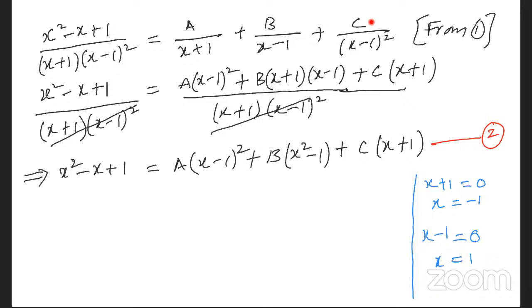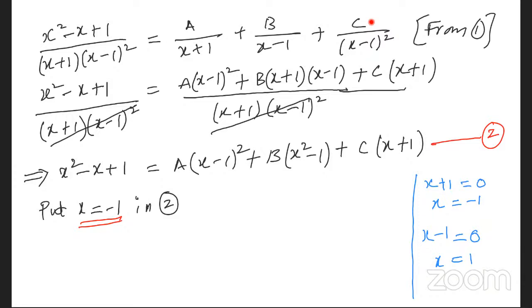So now, first, we'll substitute x equal to minus 1 in equation 2. Put x equal to minus 1 in equation 2. Let us see what we are going to get.